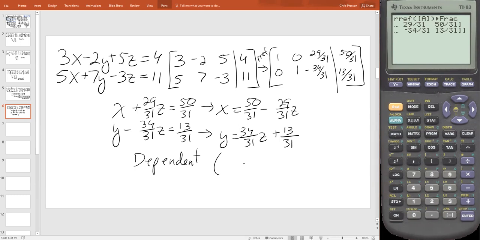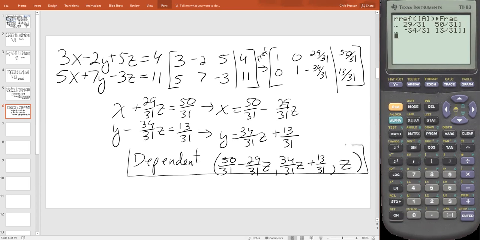So our answer is x, which looks like this, comma, y, 34 over 31z plus 13 over 31, comma, z. Again, you could translate all those z's to a different letter, but you don't need to. So there is our system. And you need to do both: not only say it's dependent, but also state the format of those answers.